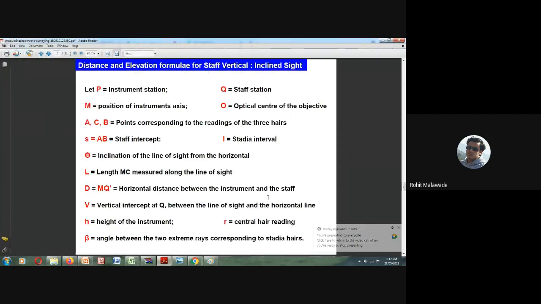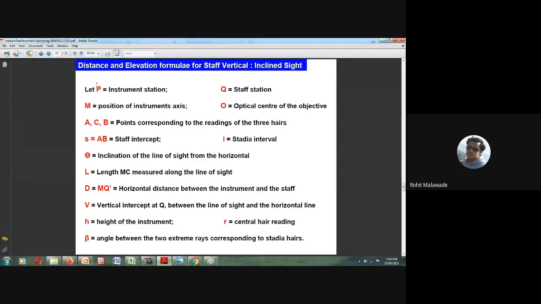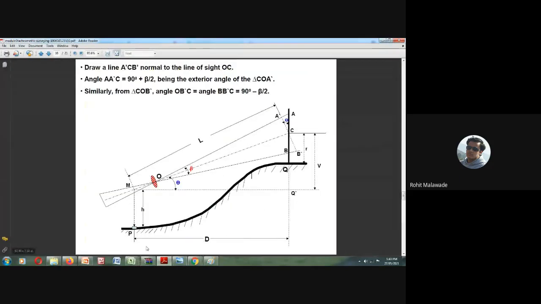Okay, now we will see what the different things are. Here we are going to have the instrument station P; we are going to set the instrument at point P. This is your instrument station.